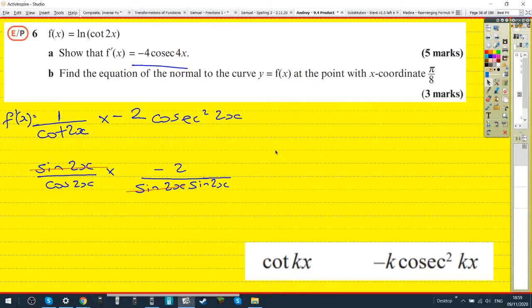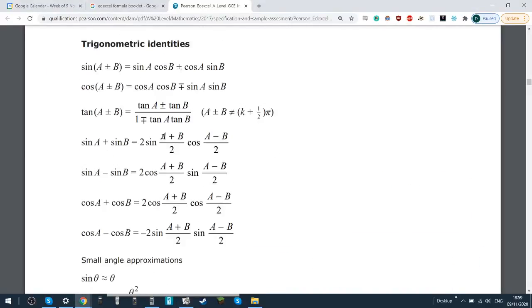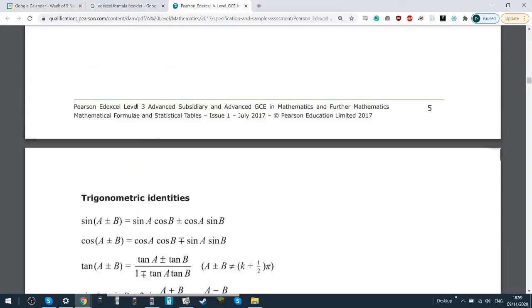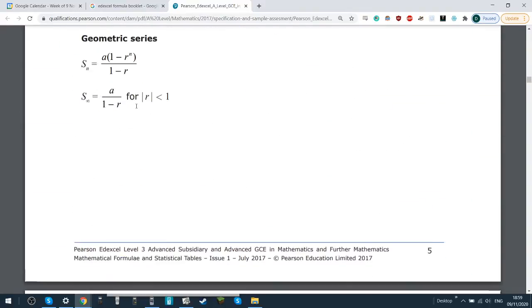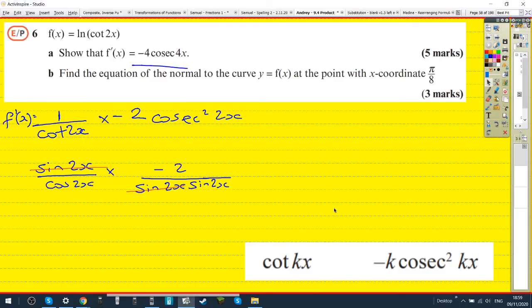What are the trig identities? Tan 2x would be tan x plus x. Is that what they refer to? Okay, yeah, use your trig identities and you get this thing: minus 4 cosec... I'm just not sure about the 4x part. Like, how are you going from 2x to 4x? We won't get to the bit that I wanted to get to.